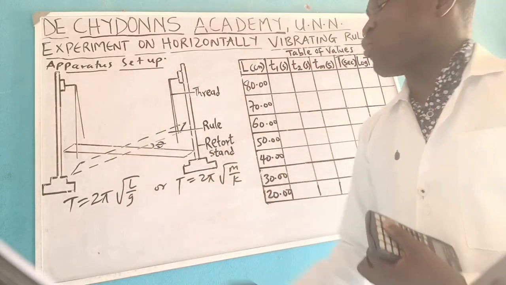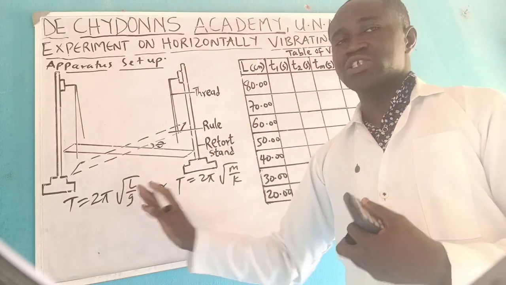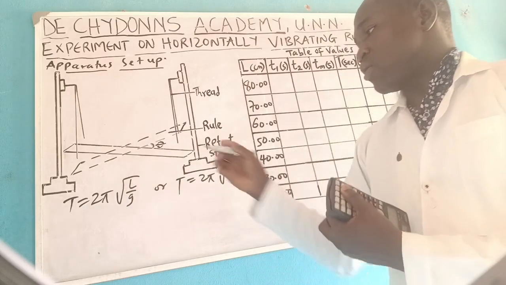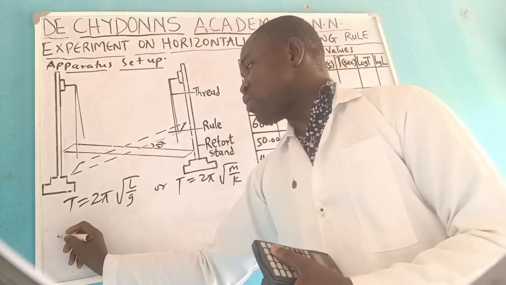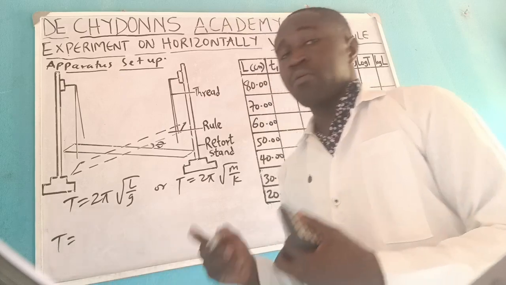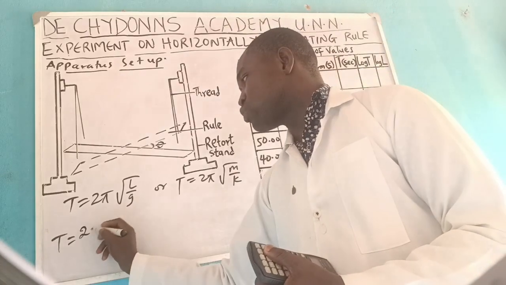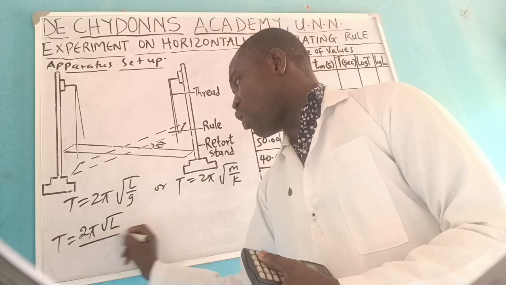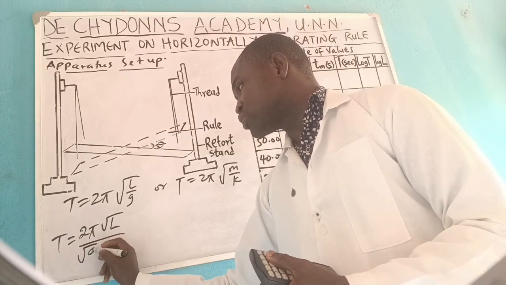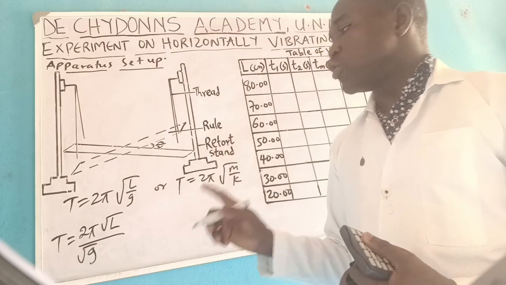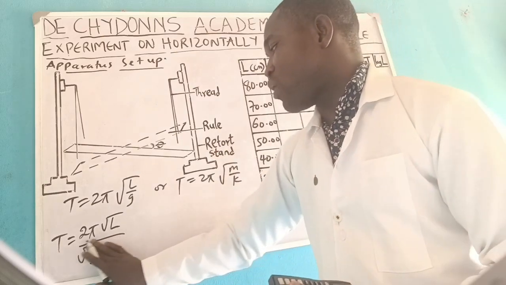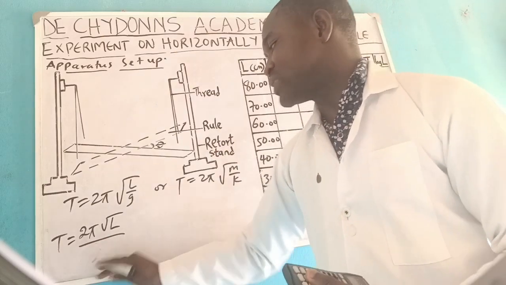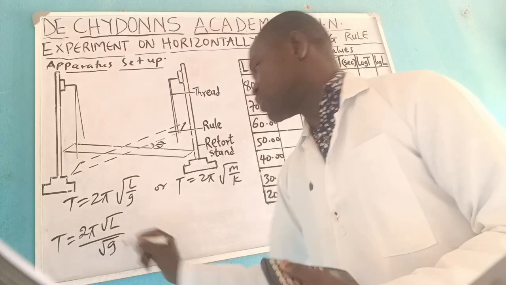Do you know that we can rearrange this to get a lot of things here? Take for instance, when you write T, from the law of indices, it is equal to 2 pi root L all over root g.